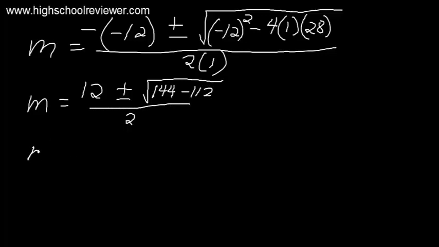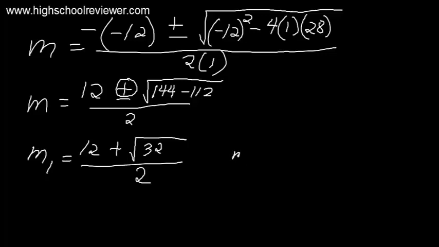So our m sub 1 now will be equal to 12, and then we are going to use the addition first, plus the square root of, okay, 144 minus 112, that is the square root of 32 all over 2. Our m sub 2 will be equal to 12, and then we are going to use the minus, the square root of 32 all over 2.